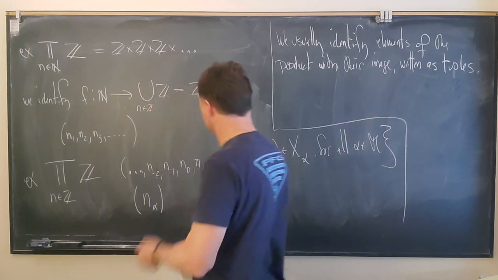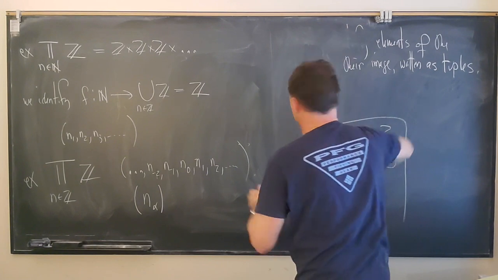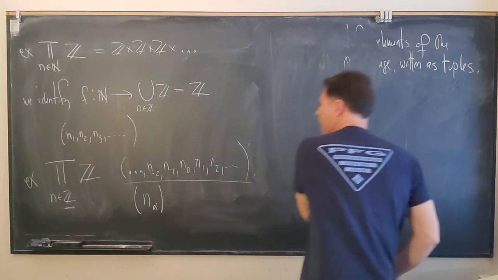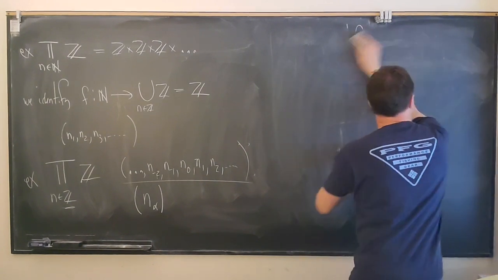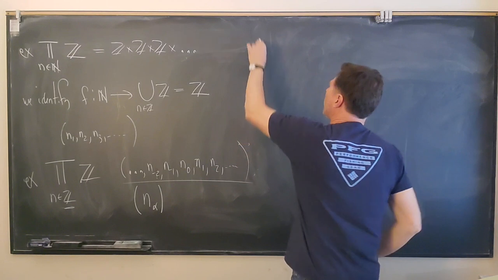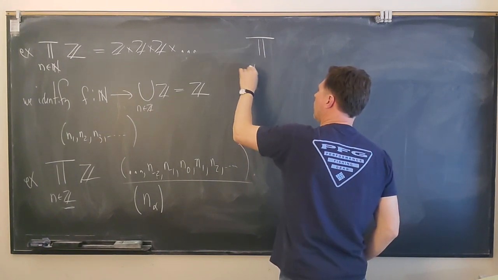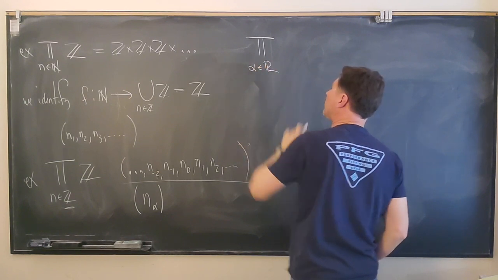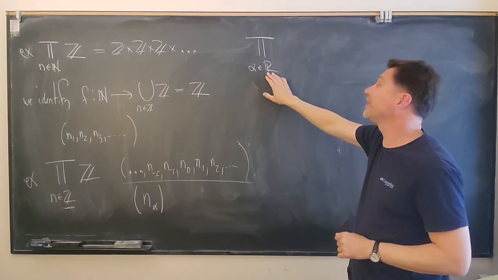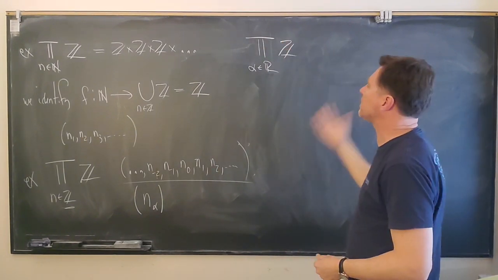Now, because Z is countable, we can write this out. But what if I take the Cartesian product where we have a real line's worth of copies of the integers? Now there's no way to write this as tuples.